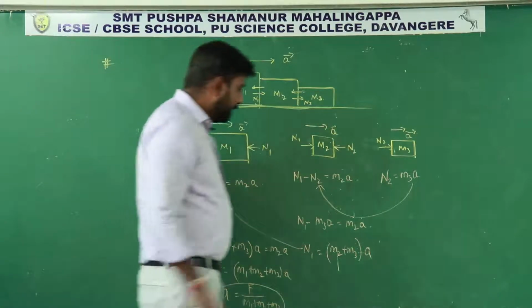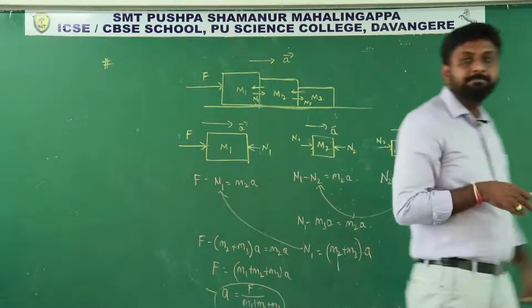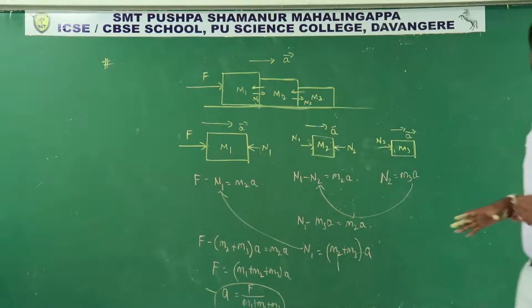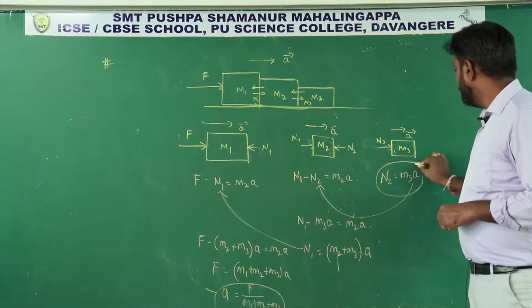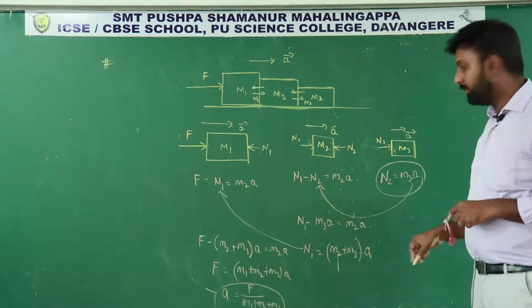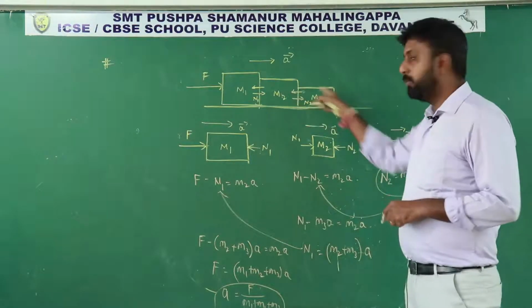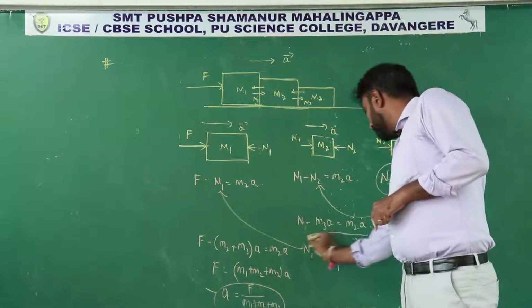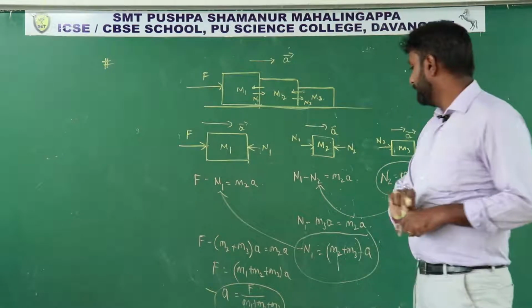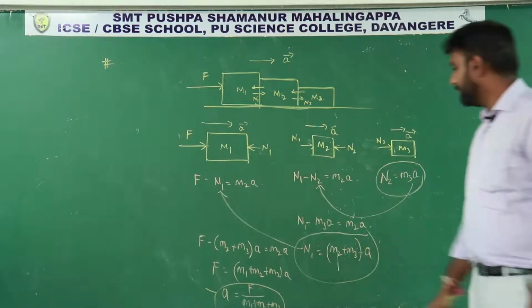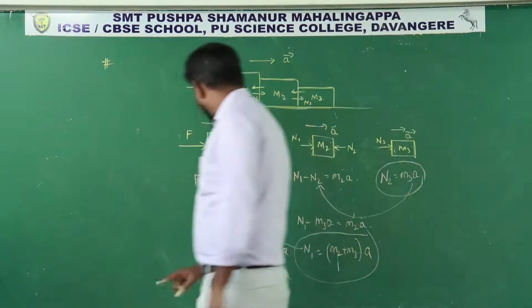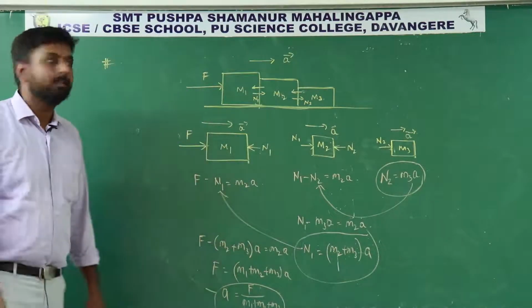So in this way we calculated the acceleration. And then this is the N2 force, the normal force between two bodies, and this is the N1 force, the normal force between two bodies, and this is the acceleration.